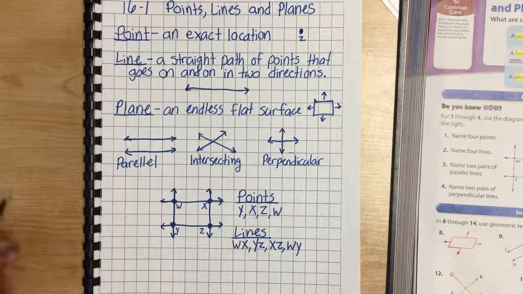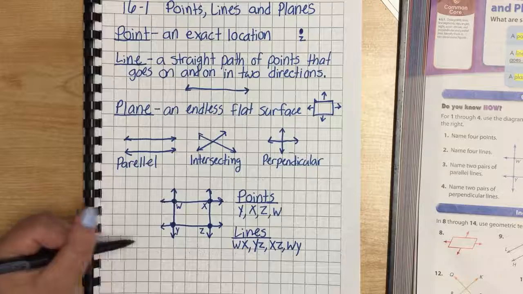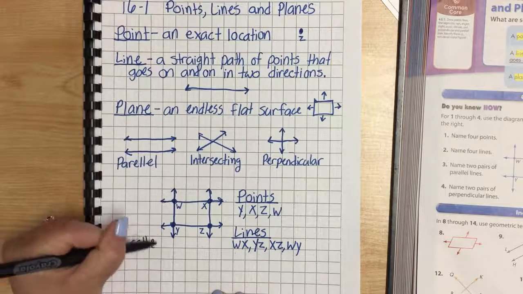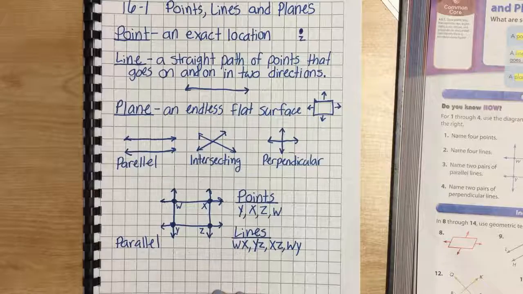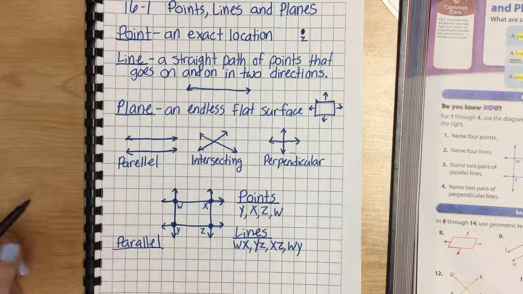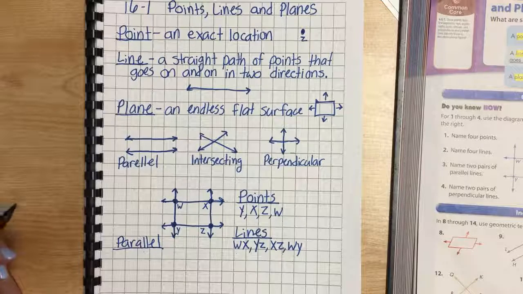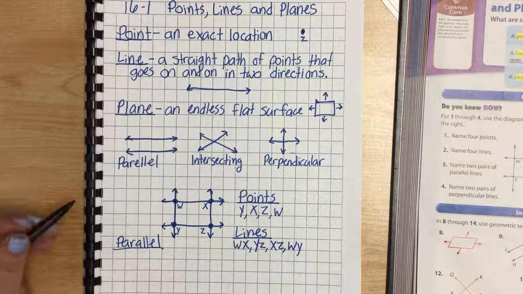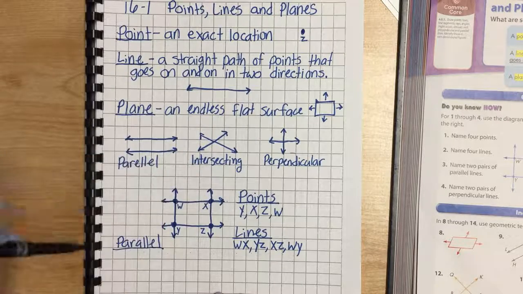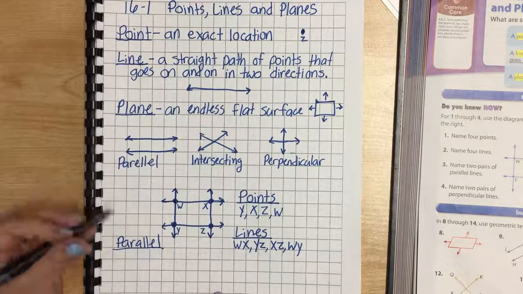Okay, now it wants me to name parallel. Give me 2 pairs of parallel lines. What are 2 pairs of parallel lines? WX and YZ. So WX and YZ are parallel. They will never meet.